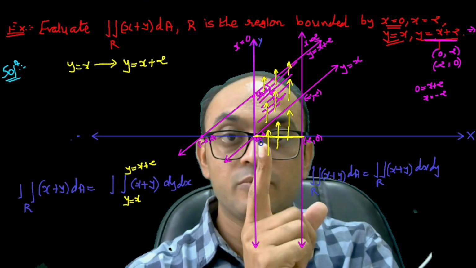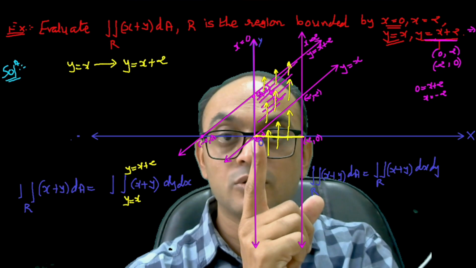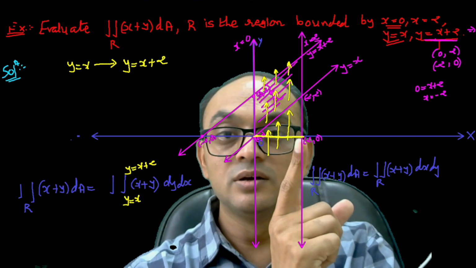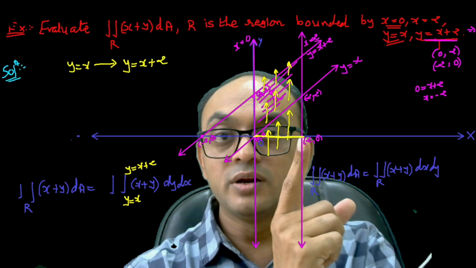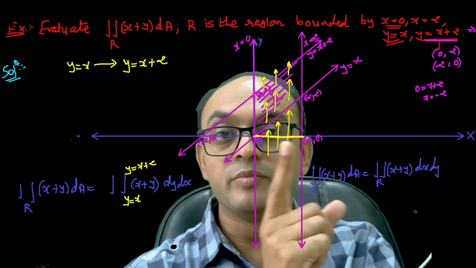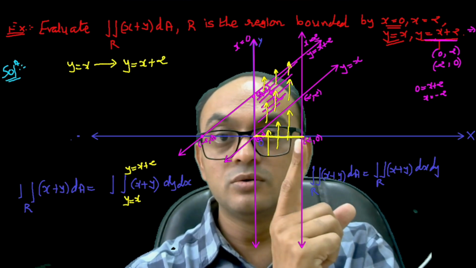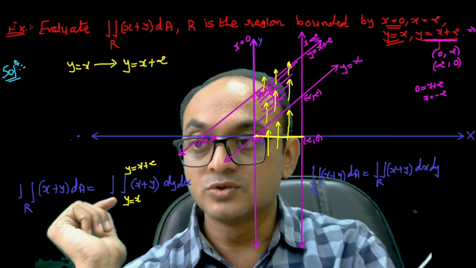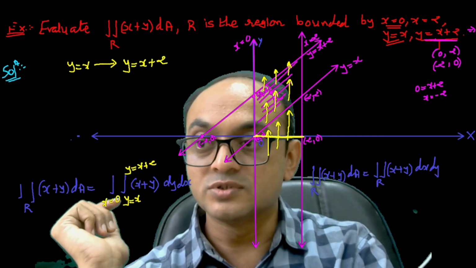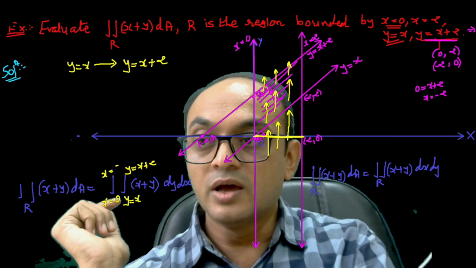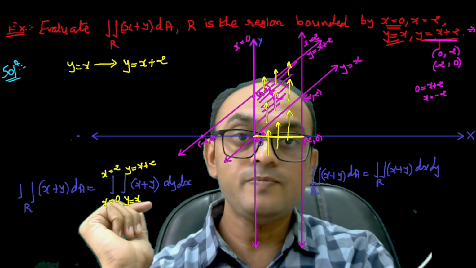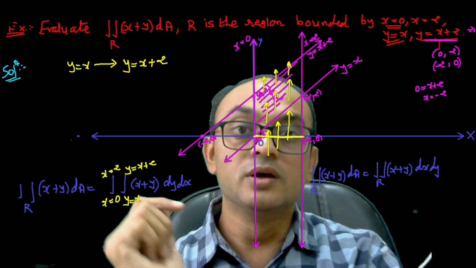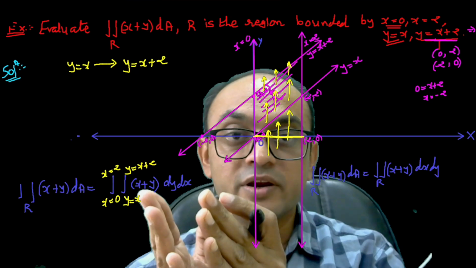The most left hand point becomes the lower limit, and the right hand side end point becomes the upper limit. So this point is x equal to 0, this point is x equal to 2. So my lower limit will be x equal to 0, upper limit will be x equal to 2, right? Okay, so this is how we are writing the limit.